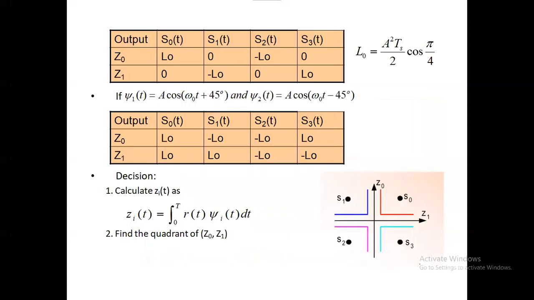We have a lookup table on the basis of the in-phase and quadrature phase components of the receiver, and the combination for S0(t) is L naught, 0, and we have the corresponding lookup table for S1(t) to S3(t). L naught here is root Ts cosine pi by 4.